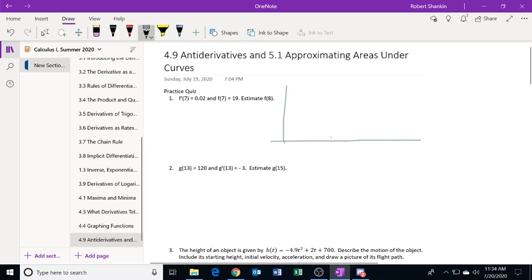Okay, so when the input is 7, the output is 19. So I know the function goes through this point. But how does it go through this point? Well, we're given information about the slope.